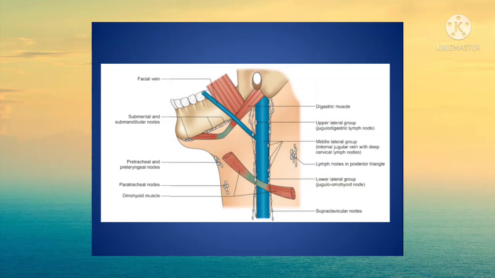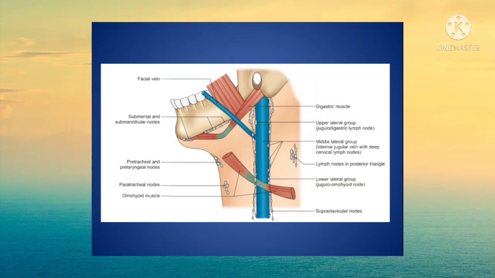Some members of the lower deep cervical nodes extend along the brachial plexus and the subclavian vessels into the supraclavicular triangle. These nodes may be enlarged as ascending infection from the axillary nodes.